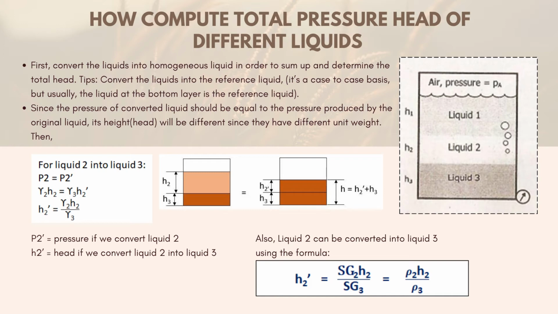So also, liquid 2 can be converted into liquid 3 using the formula H2 prime is equal to the specific gravity of liquid 2, H2, over SG3 or the specific gravity of liquid 3. This is equivalent to the density of 2 H2 over density of 3.